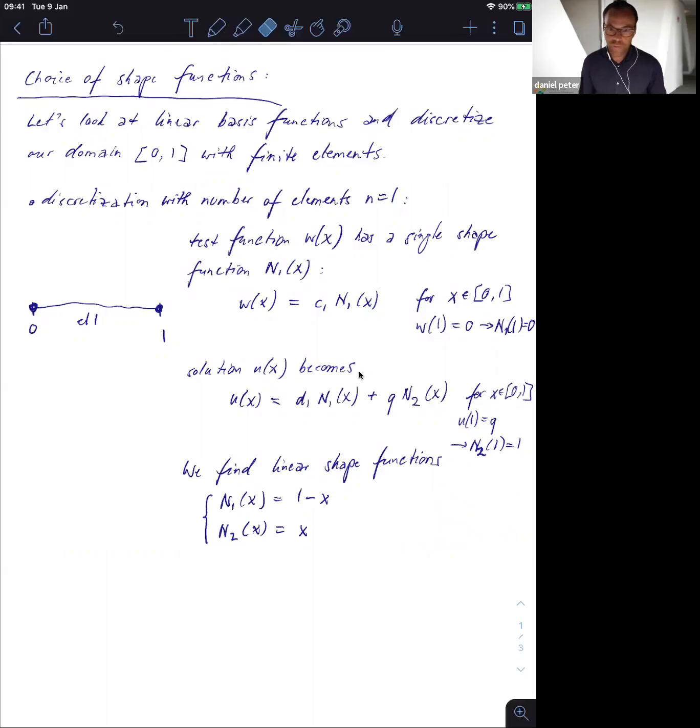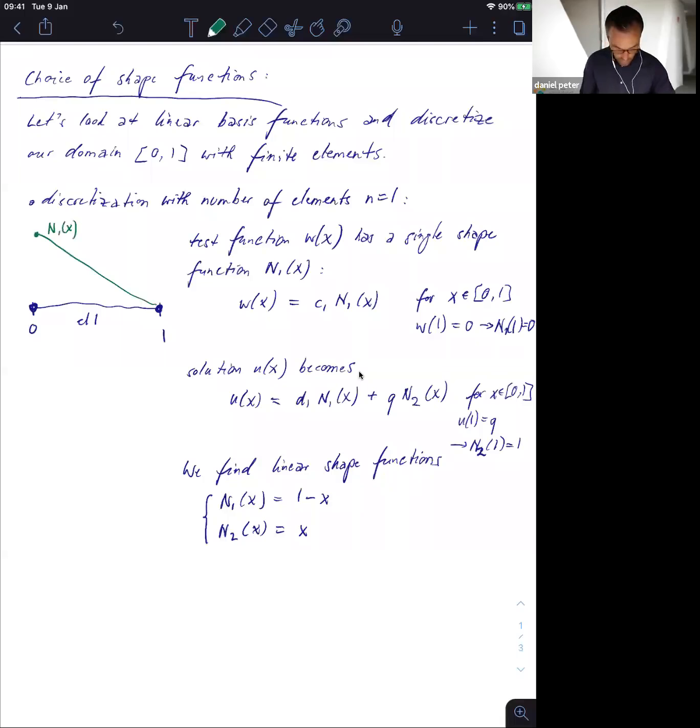Good. So these shape functions satisfy these conditions, that they're linear and that they vanish at these points. If you want, the sketch would look something like that. We have N1, a function like this, which starts at 1 at point 0 and then goes to 0.